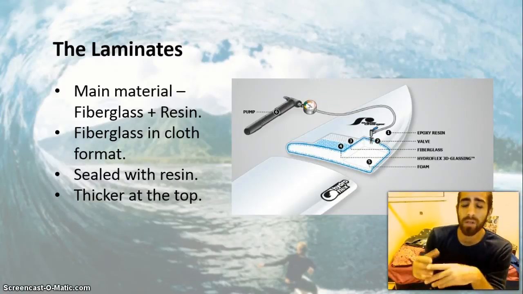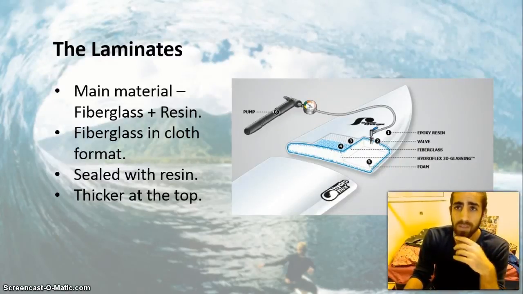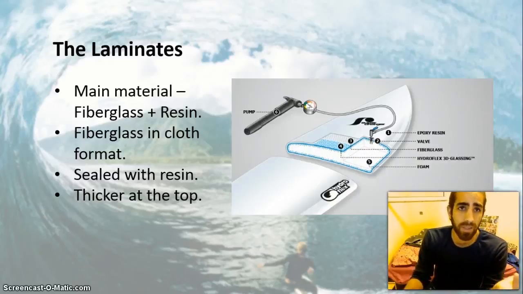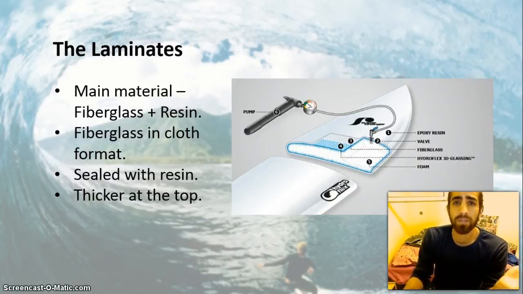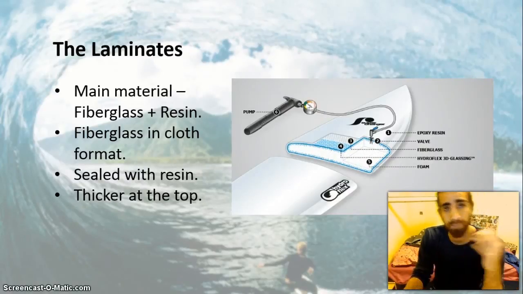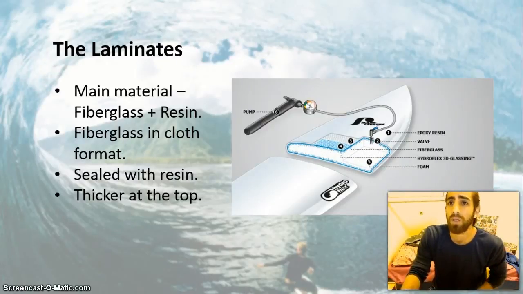How much of which one depends on what characteristic a surfer desires. But most surfers will use a thicker fiberglass cloth on the top of the surfboard because more stress is applied to the board on the top than on the bottom.